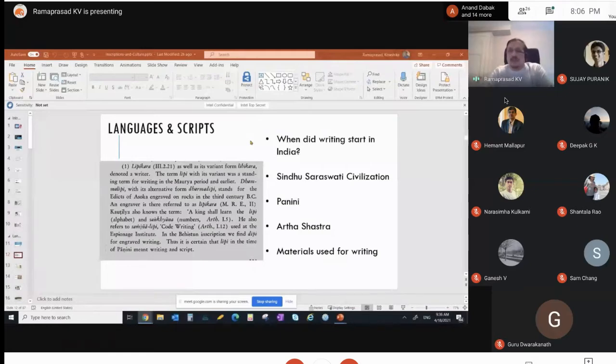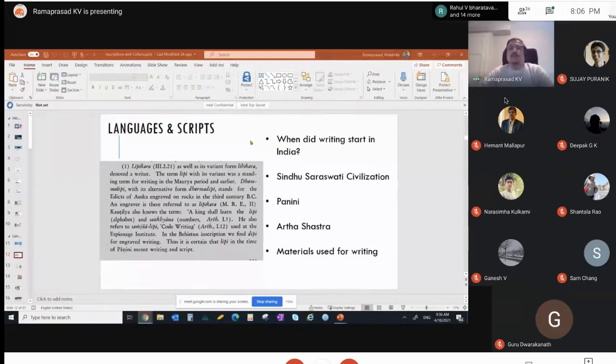And coming a little later, in the Arthashastra, which we traditionally attach to Chanakya or Kautilya, who was a contemporary of Chandragupta Maurya, there are definitely indications of writing. Now there are some people who say that the Arthashastra was not written by Chanakya; that it was a work of the 2nd century CE, 300 or 400 years later, from the time of the Guptas, not the Mauryas. But I think those arguments don't really hold a lot of water.